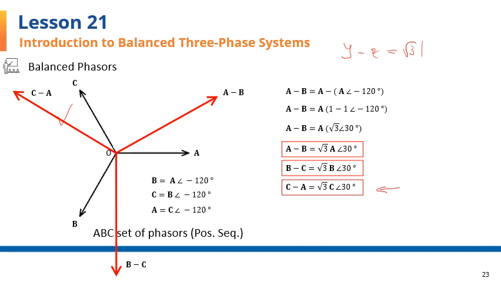Let's call it square root of 3 times phasor Y, and is 30 degrees ahead of the phasor Y. So let me just write it as square root of 3 times Y with 30 degrees. These are phasors, and because I cannot write them in bold font, I'm just going to put a dash over them to emphasize that these are phasors from the positive sequence set of phasors.